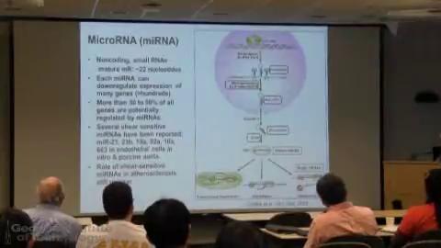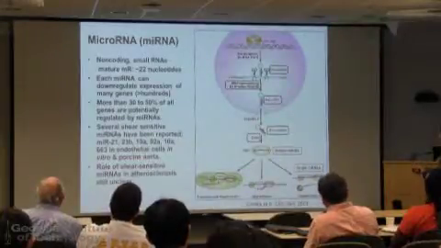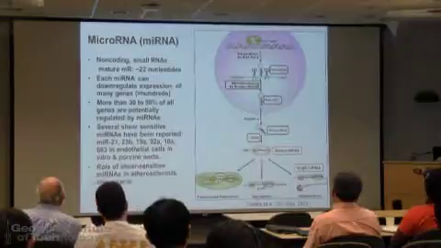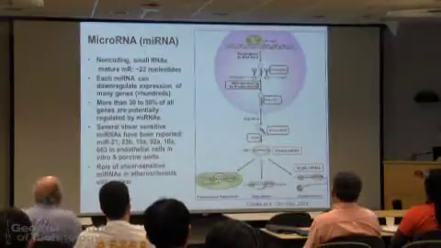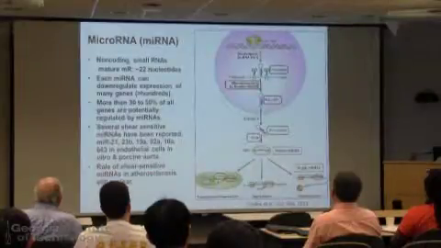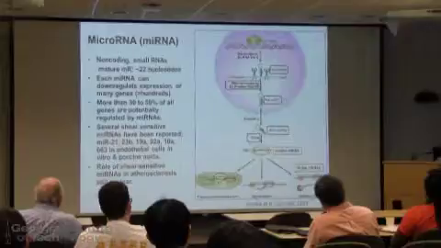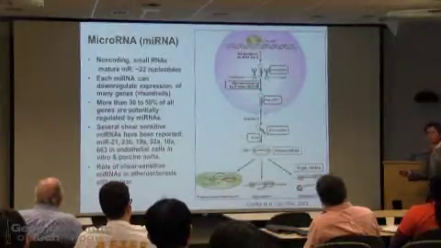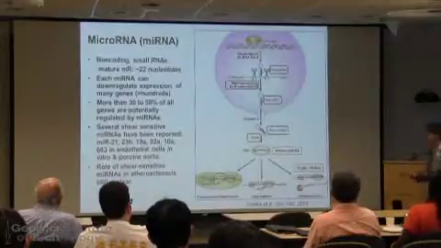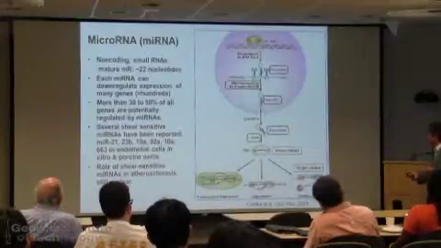Once you have the smaller pre-miR, it goes out into the cytosol through exportin 5, and then it uses Dicer, which further processes pre-microRNA into the mature form, and then it puts it into a RISC complex. Once it goes into the RISC complex with the help of AGO2 proteins or AGO proteins, it does the following things.